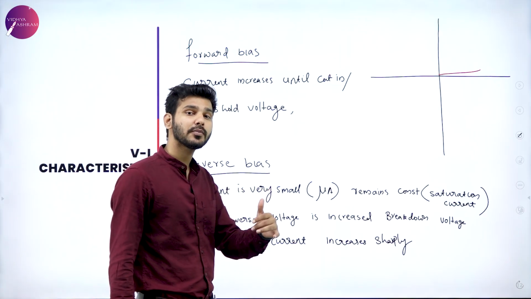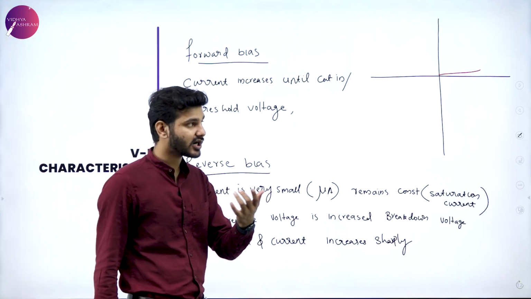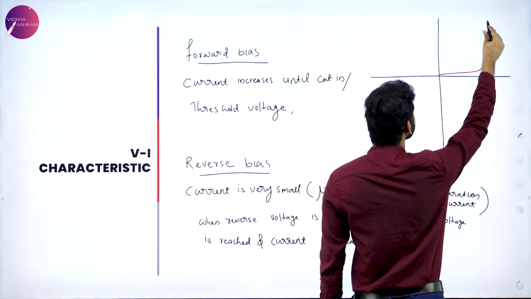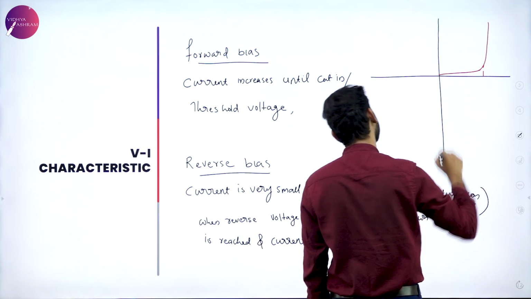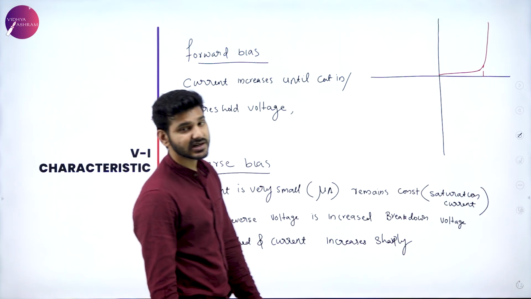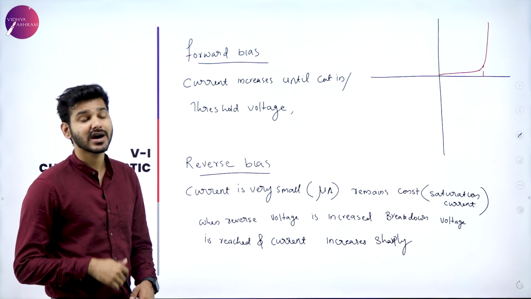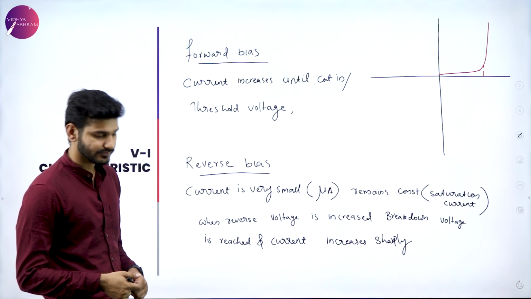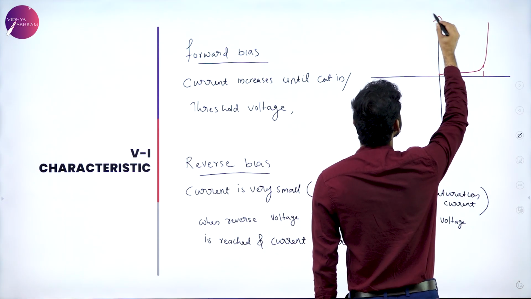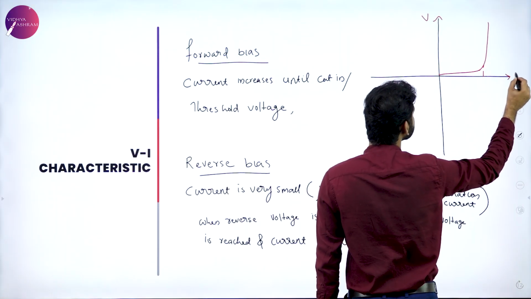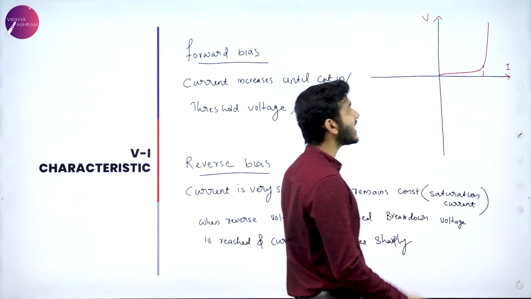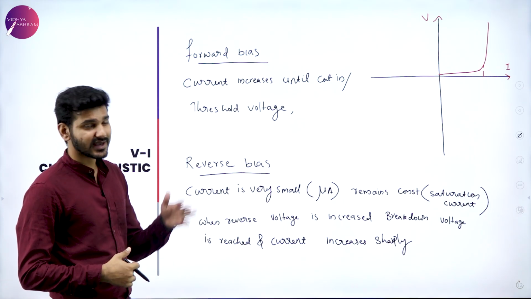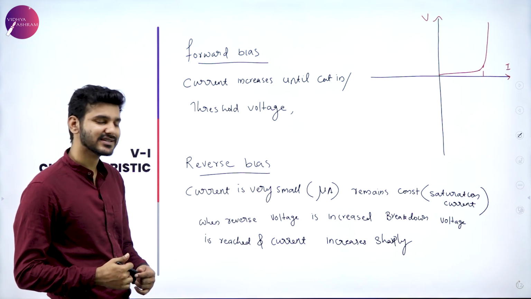This point where the current increases very sharply is known as the cut-in voltage, or simply the threshold point. Again, this is V and this is I, which means the current is laid out on the y-axis and voltage on the x-axis.